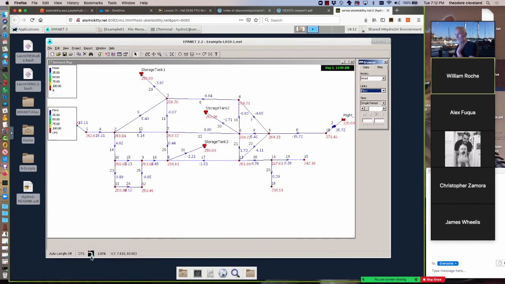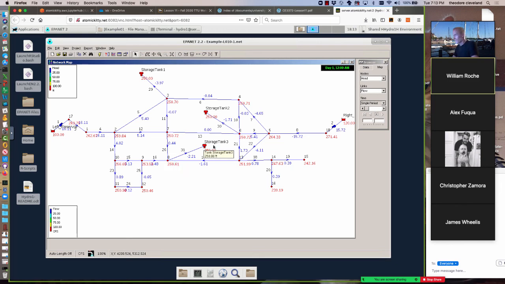and now we have water flowing out, and the red numbers in this drawing correspond to the head at the different nodal type elements, and the blue numbers pretty much correspond to the flow rates in cubic feet per second. So if we look at storage tank 1, 2, or 3, all 3 of them have water flowing into the storage tanks.